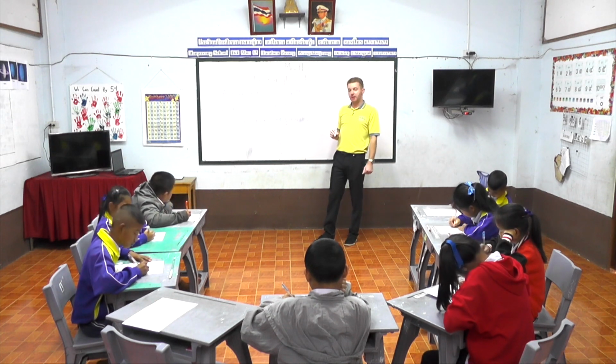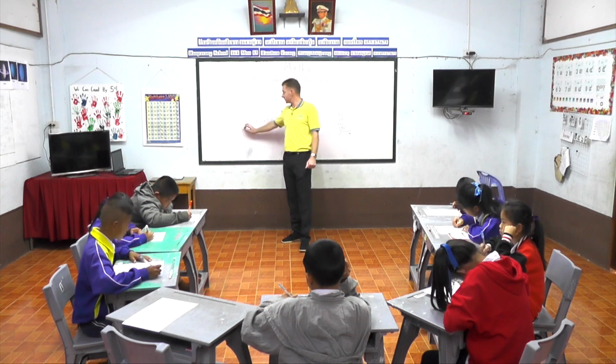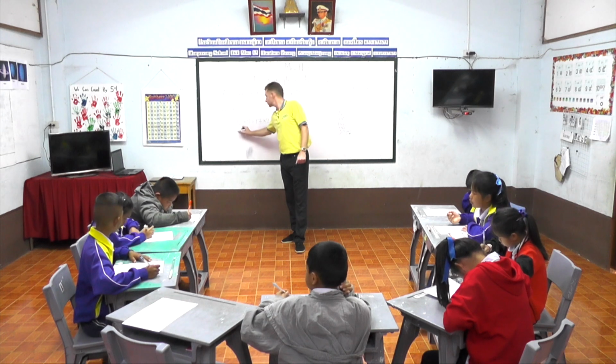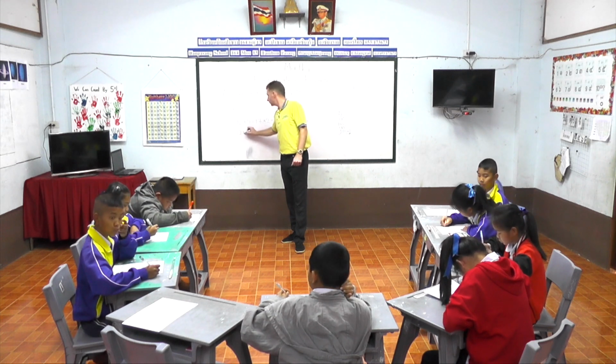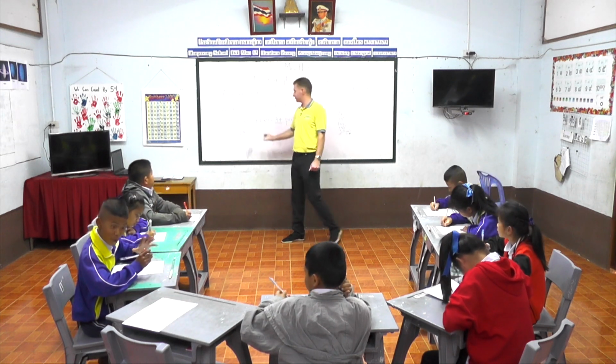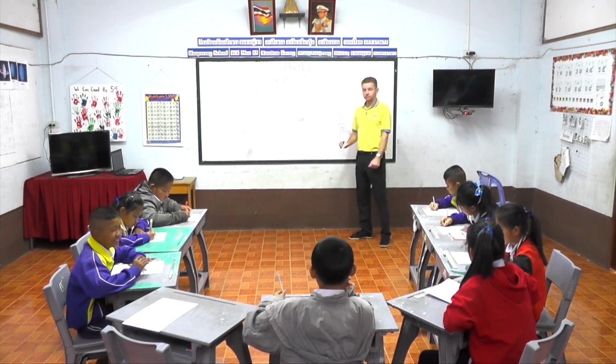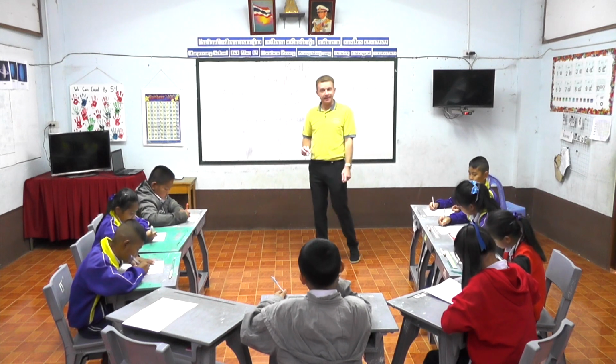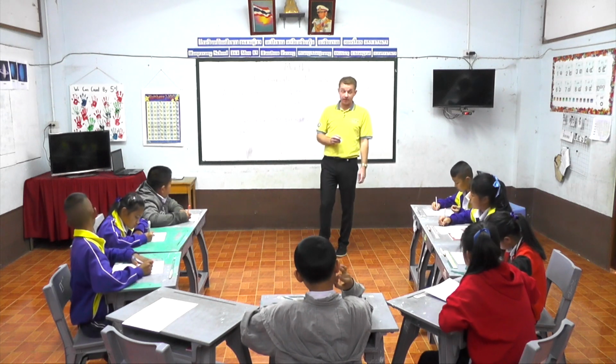But for the area, it's different. We need to take the length, 12, and times it by the width. So for the area, it's 12 times 5. 12 times 5. Any volunteers? Or 5 times 12?